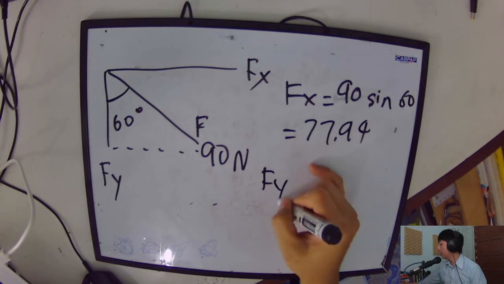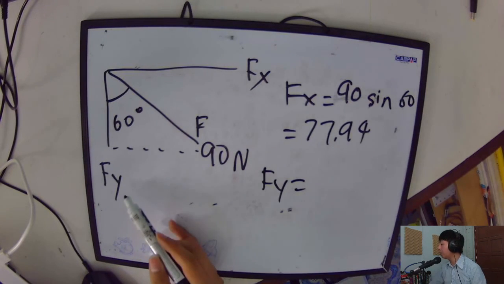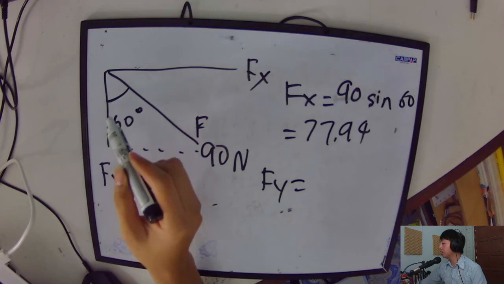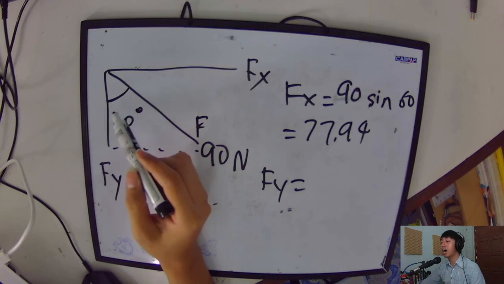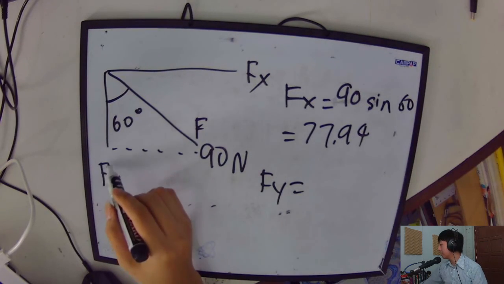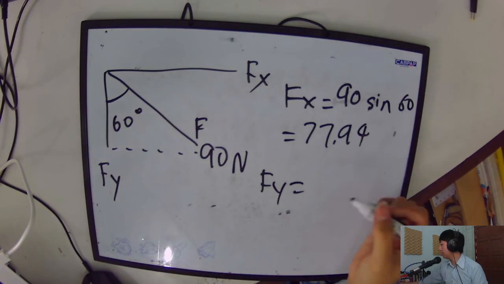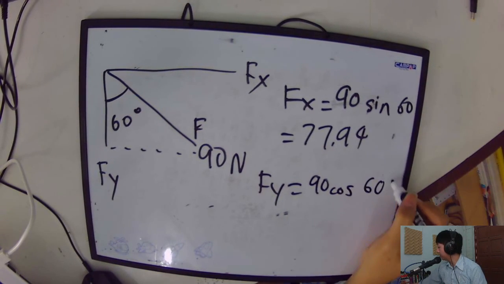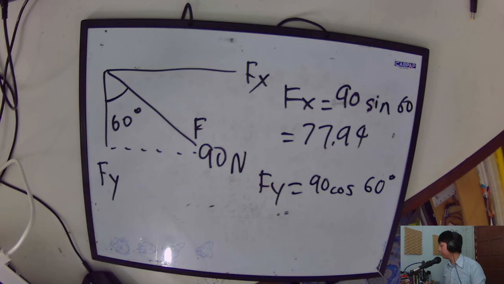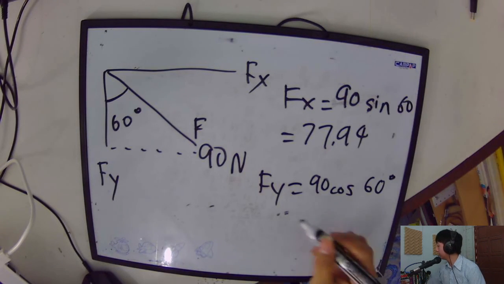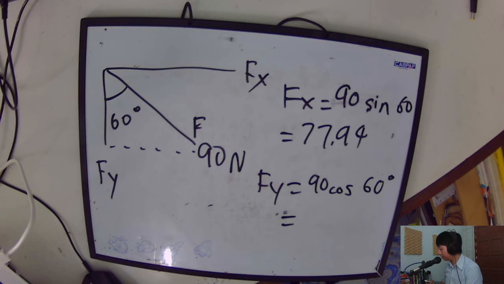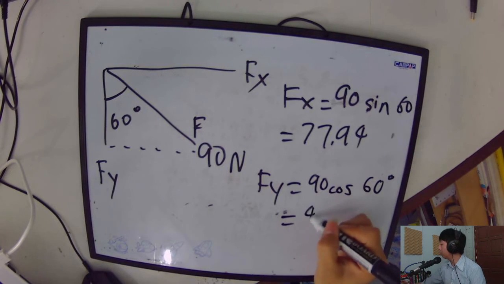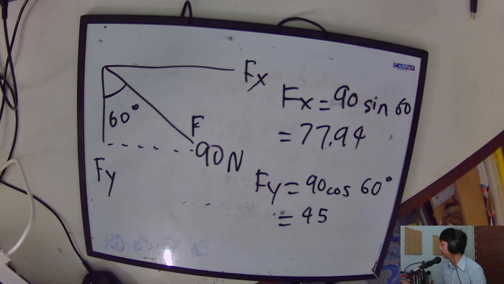And Fy, this time Fy is the one that we use cos, because Fy is the one that's adjacent. Remember, cos equals adjacent over hypotenuse. So 90 cos 60. And our final answer is 90 cos 60 equals 45.